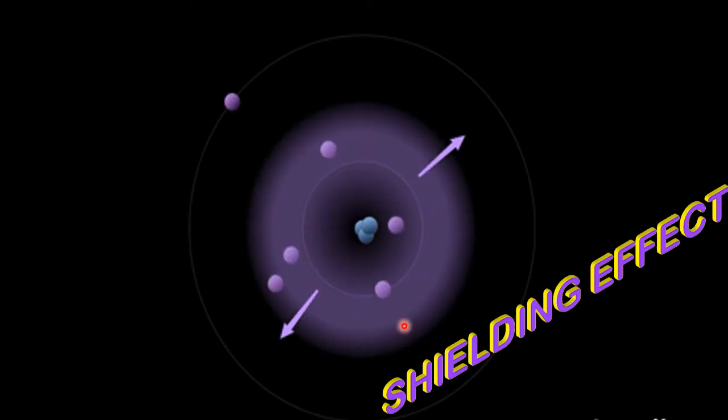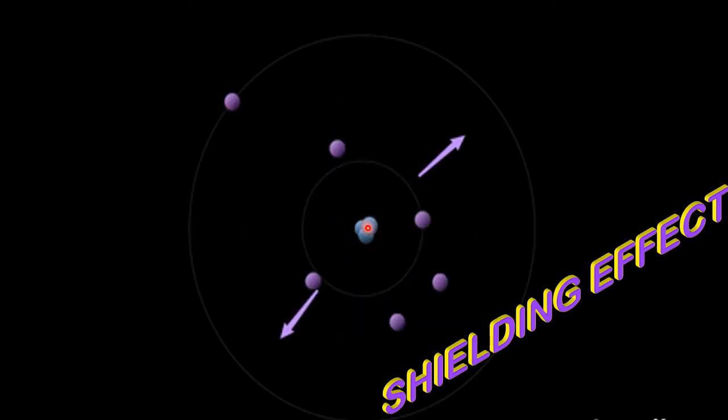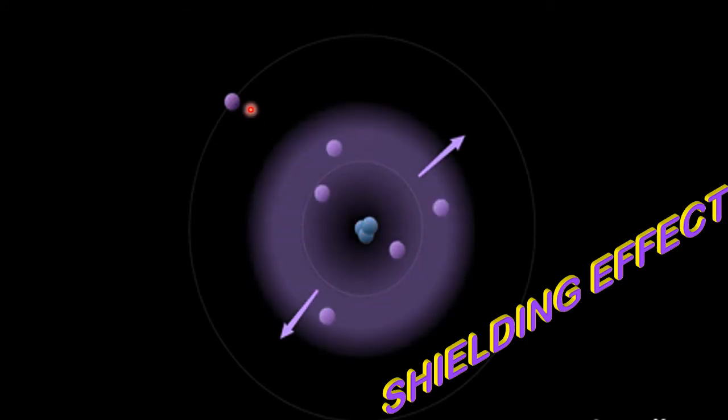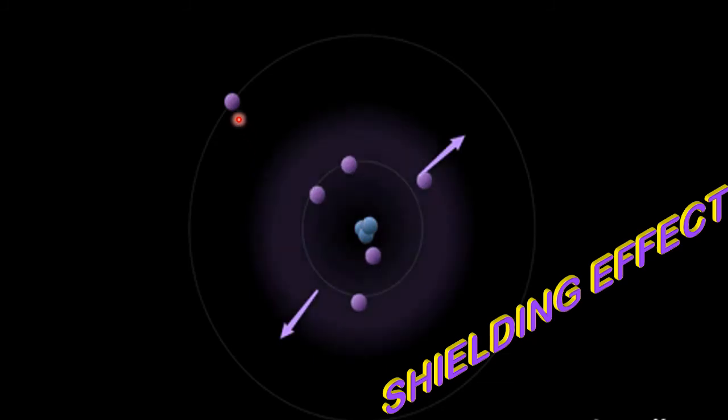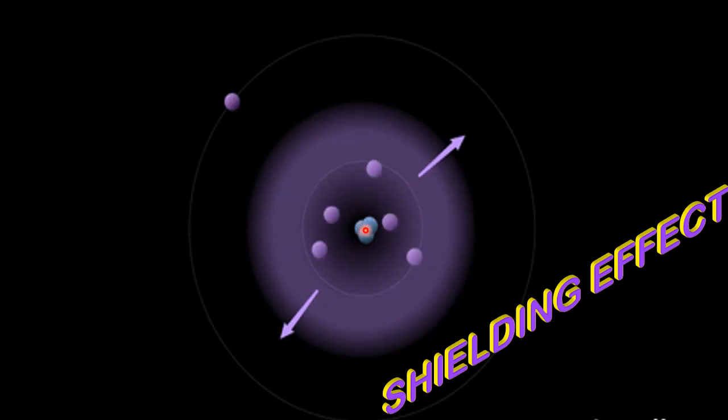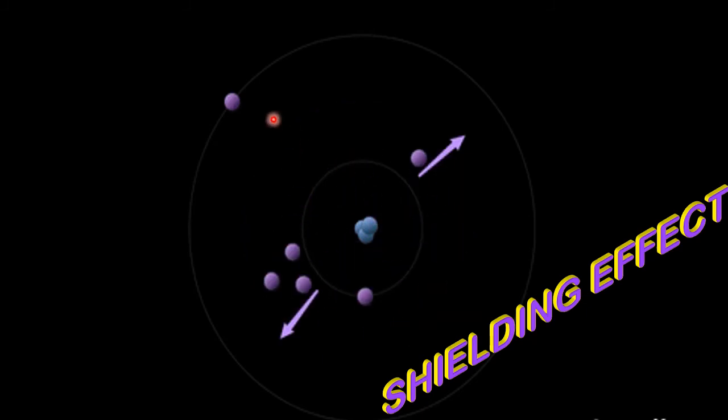Whatever the nuclear charge is, how many protons are there in lithium? There are 3 protons. Do you think that 3 plus is there on the outer electron? No. There is 3 plus, and these 2 electrons are protecting, that is minus 2. So only a +1 effect is there on the outer electron. That means the nuclear charge is less on this electron.